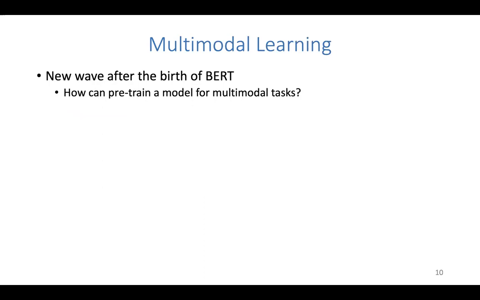People became more interested in coming up with a pre-trained model that was pre-trained on multiple modalities, typically vision and text, and that can do a lot of downstream tasks well at the same time. Just like with an off-the-shelf BERT model, you can fine-tune it on any downstream NLP task you want.